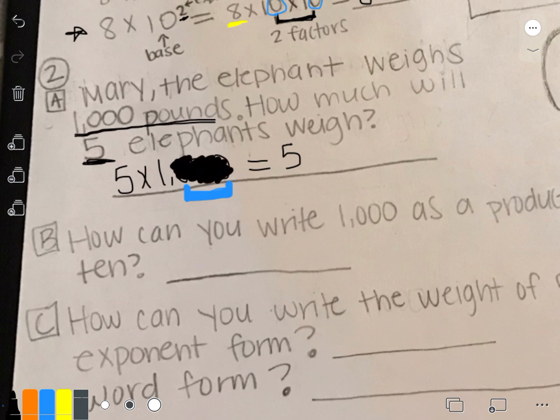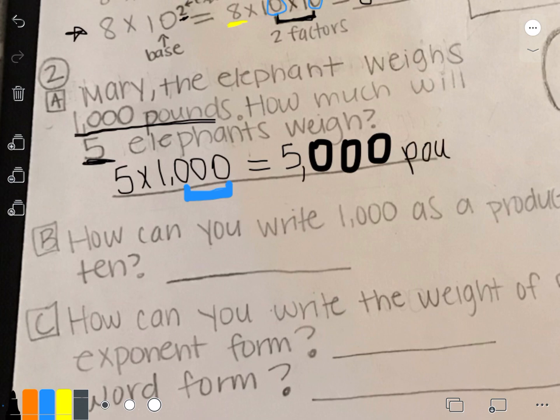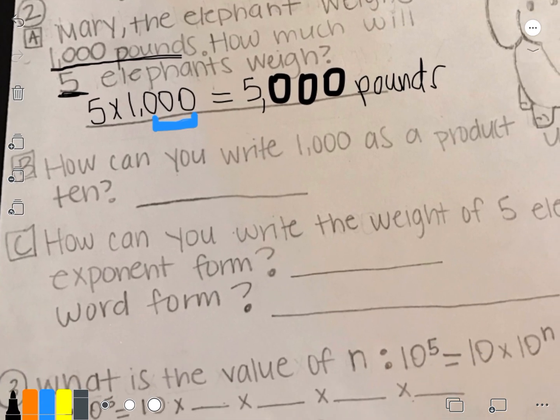And if you ignore those zeros, this problem is really simple. It looks like 5 times 1. And you know 5 times 1 is 5. Well, then bring back your zeros, and guess what? All you have to do is add those zeros into your problem. So now you know 5 elephants weigh 5,000 pounds. So that was a little tip or trick there. Pretty easy. Ignore the zeros, do 5 times 1, which is 5, add the zeros back.